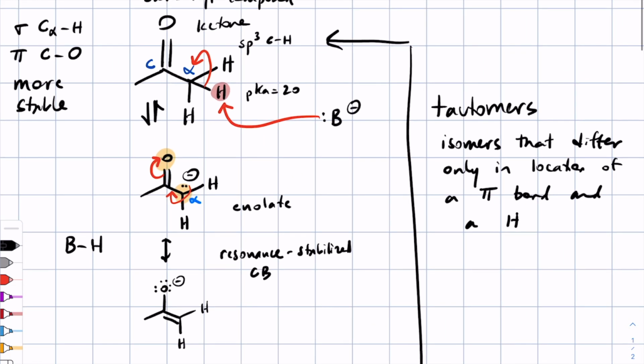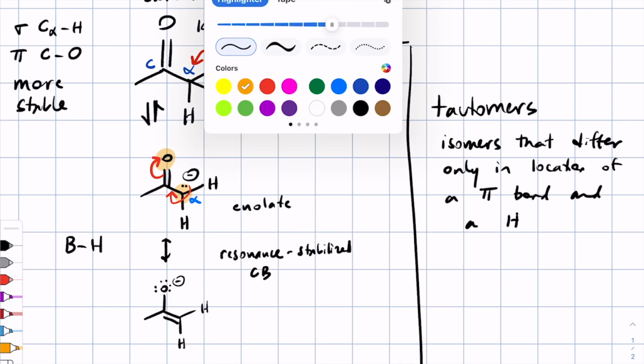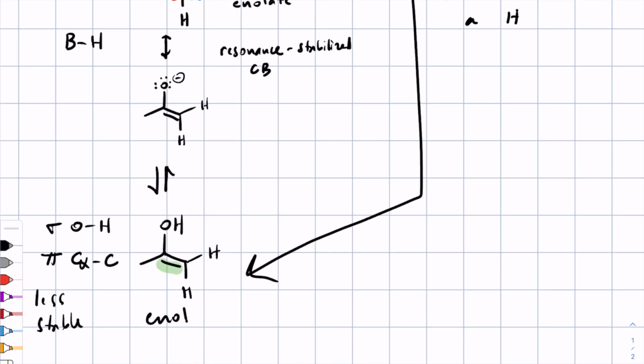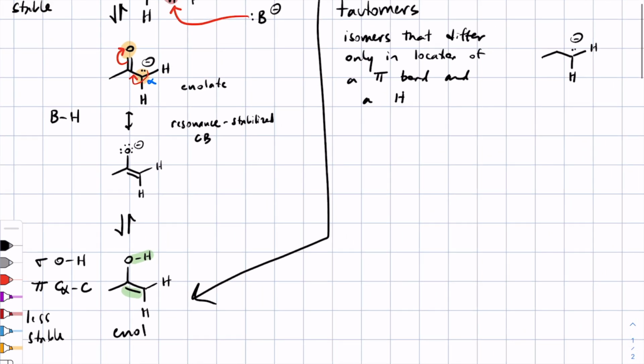So look at the things that are changing: pi bond and carbon-hydrogen bond, versus pi bond and oxygen-hydrogen bond. The other thing about tautomers is that they can be interchangeable via proton transfer, or just acid-base chemistry.